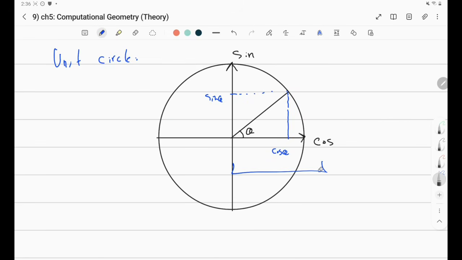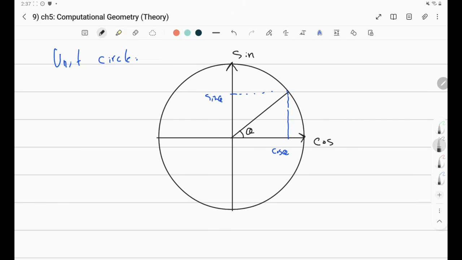Of course, this point here is 1, 0, and this is 0, 1. This is -1, 0, and this is 0, -1. It makes sense because we all know that sine and cosine are between 1 and -1, right? So whenever you want to find any angle, you can take the unit circle and figure it out.